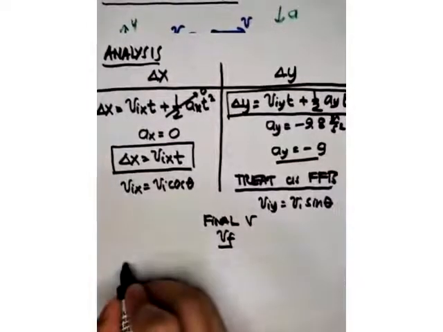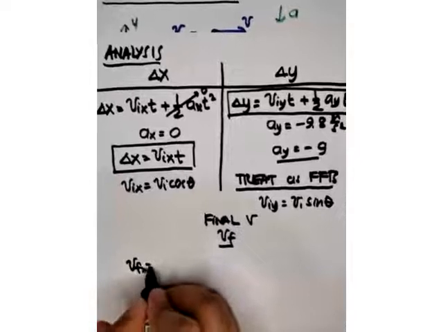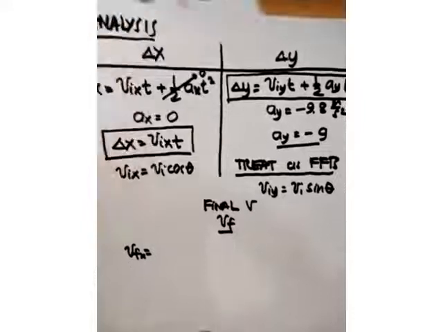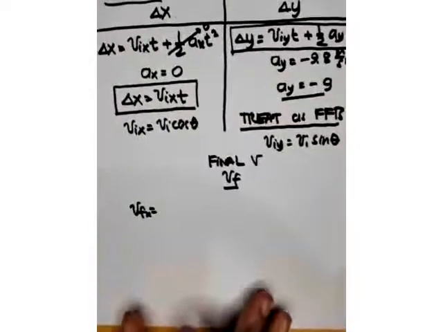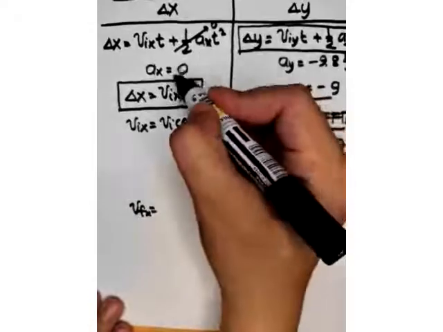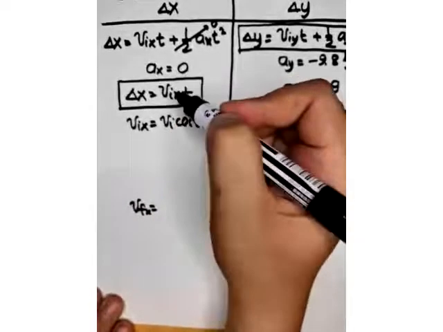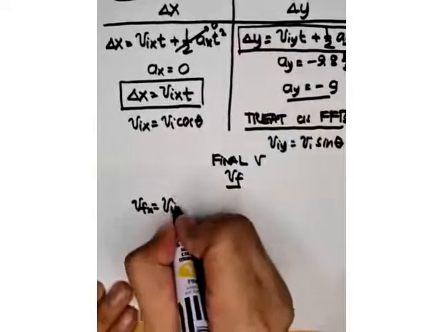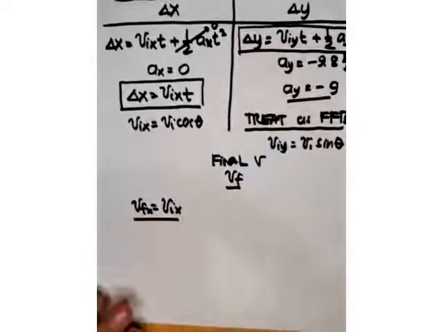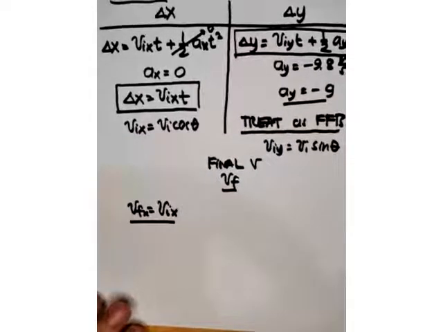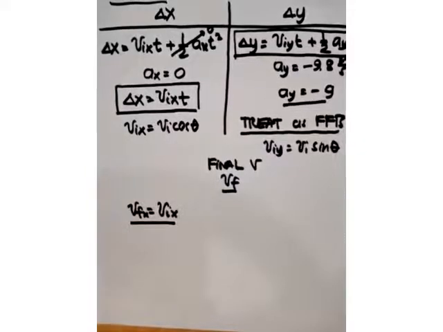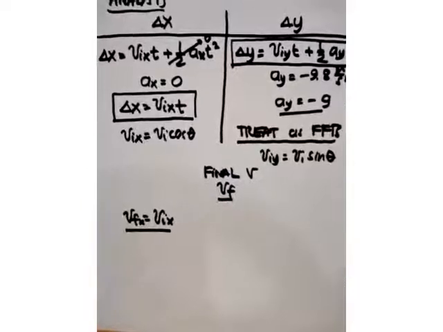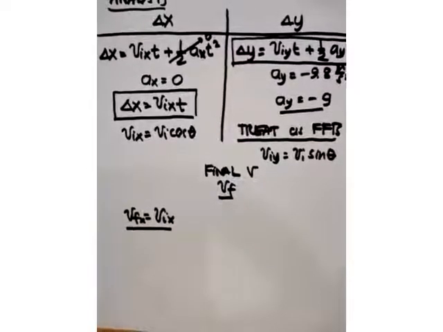Okay, class. Dito, ano ang final velocity along x? What do you think? Okay, since acceleration is 0, that means velocity is not changing along x. So V final x is the same as V initial x. Hindi nagbabago yung x component ng velocity ng projectile, kasi hindi naman siya nag-accelerate along x.